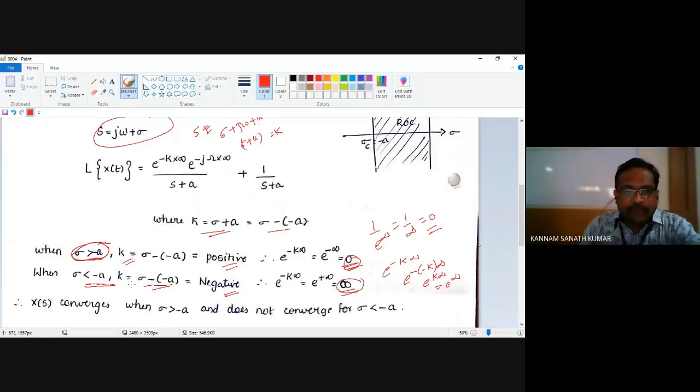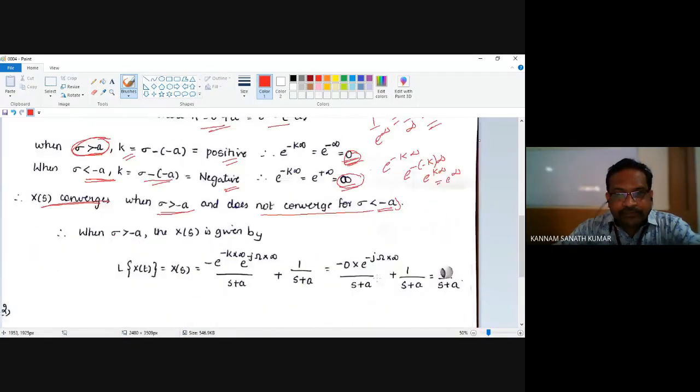So that means X of s converges, giving a finite value, when sigma is greater than minus a. It does not converge for sigma less than minus a. So that's why you got the ROC: when sigma is greater than minus a, X of s is given by 1 by s plus a.